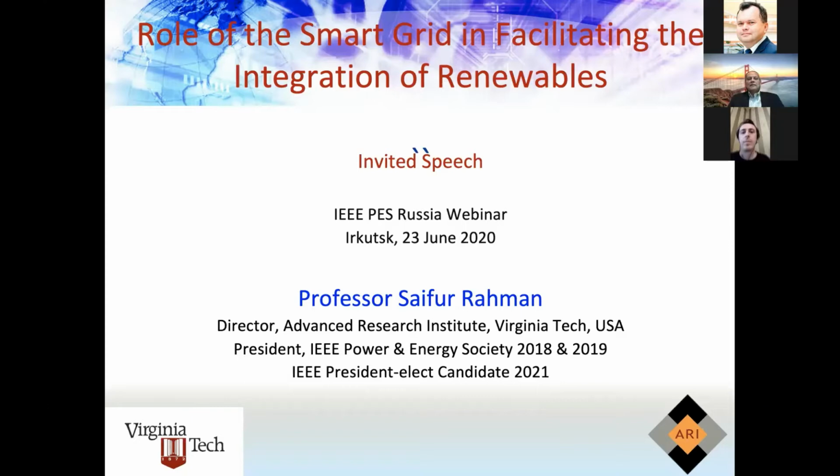We all hope that he will win this excellent position, serving all around the world, all the power engineers and electrical engineers and many other engineers, and making our world better. Please, Professor Rahman, give us your speech.